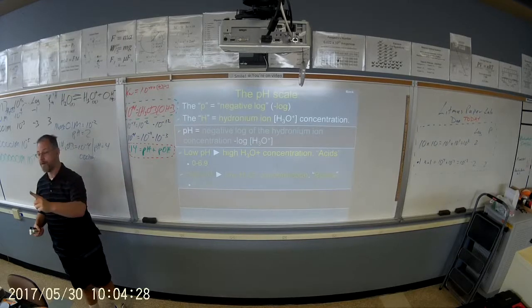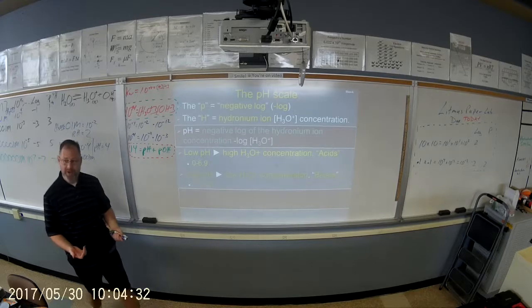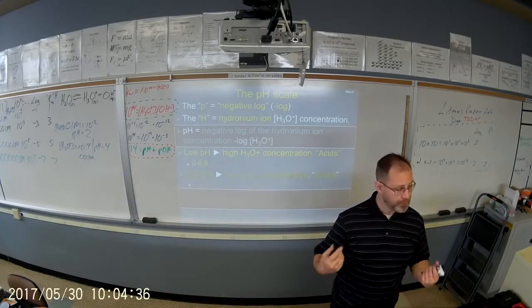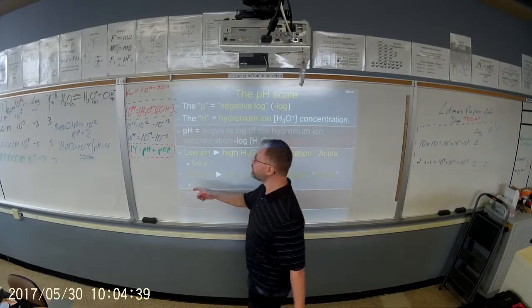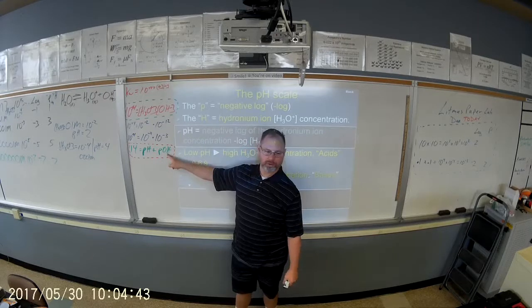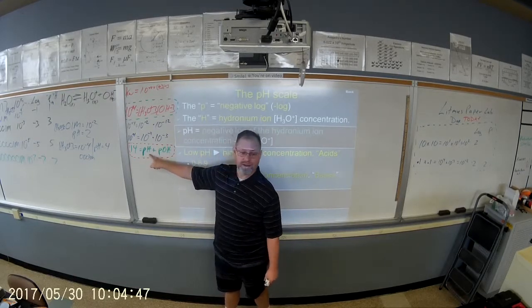If you know one, you know all 4. Because if you know the pH, you just subtract it from 14, and you have the pOH. If you know the pOH, subtract that from 14, and you have the pH.